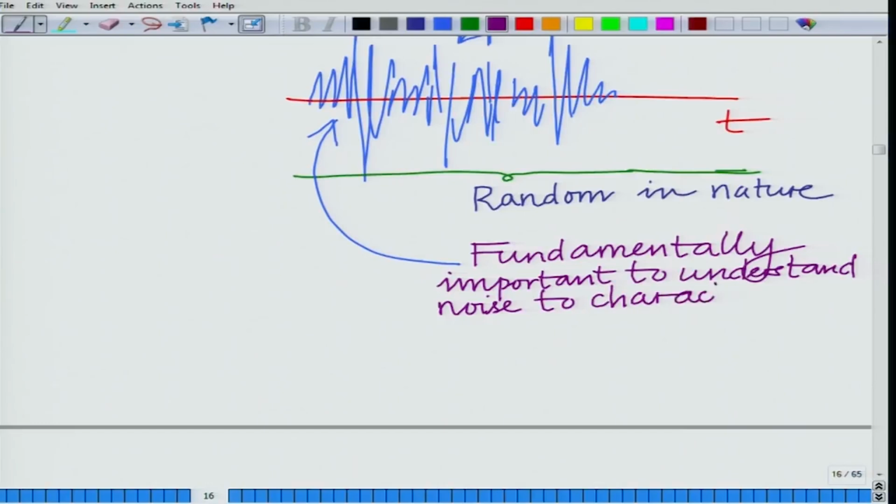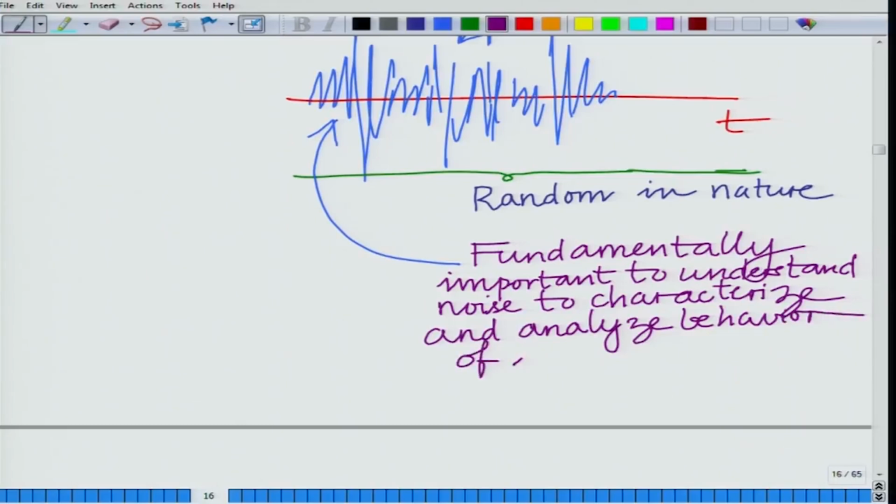To characterize and analyze the behavior of systems. That is because noise limits the performance of systems. That has to be something that is remembered.